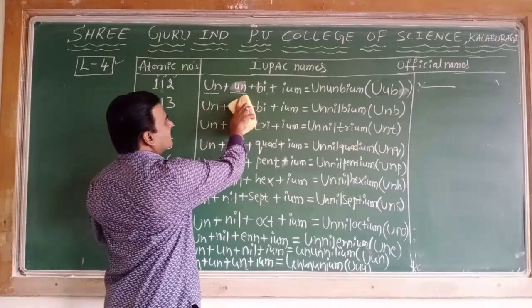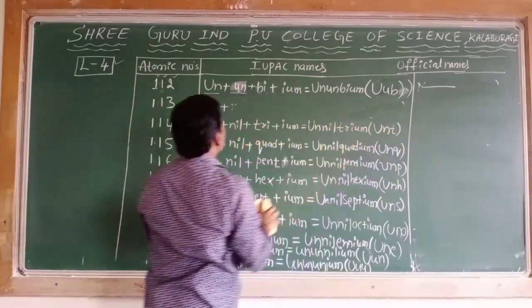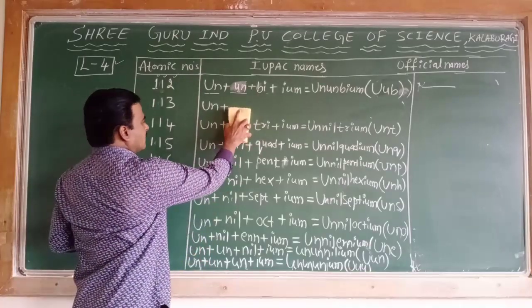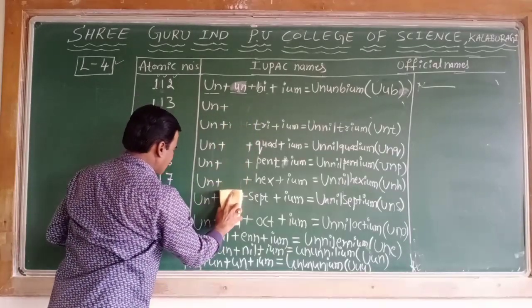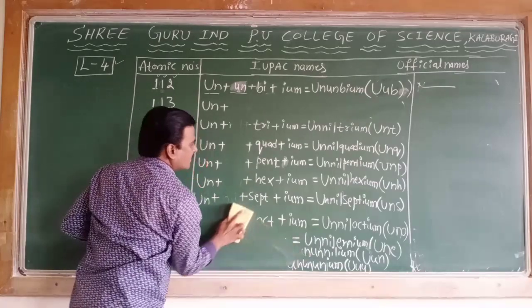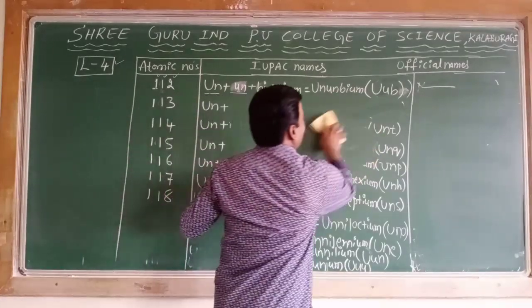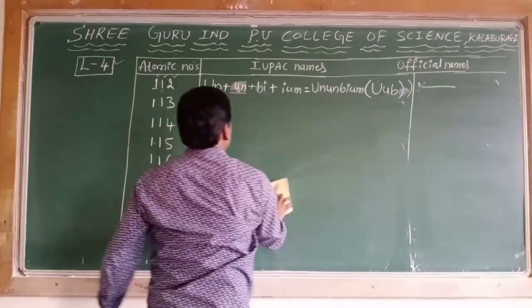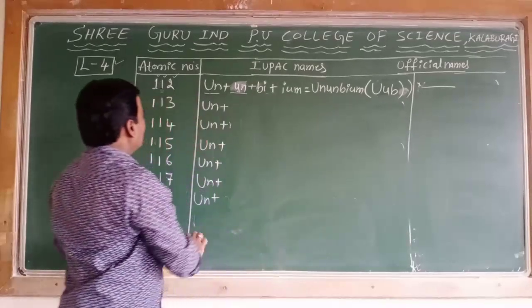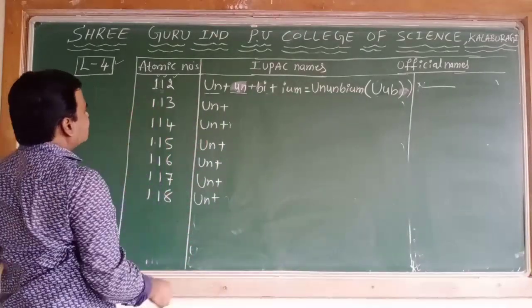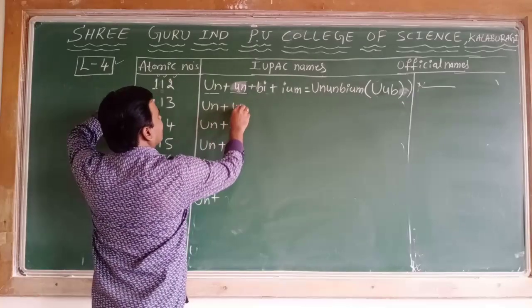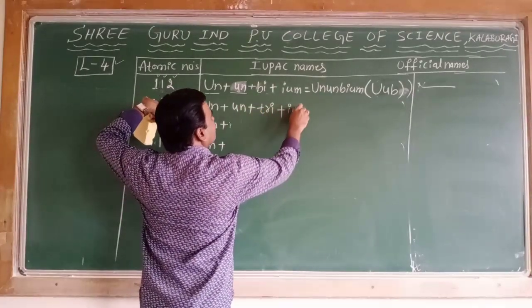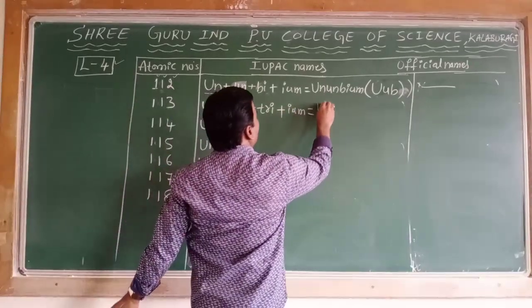113, you can change over here. Un is common in all the cases. 113: first un, second un, 3 tri plus ium. So what is the IUPAC name?